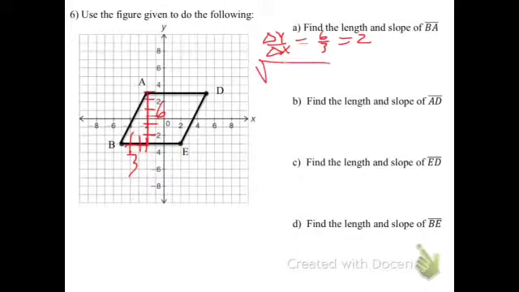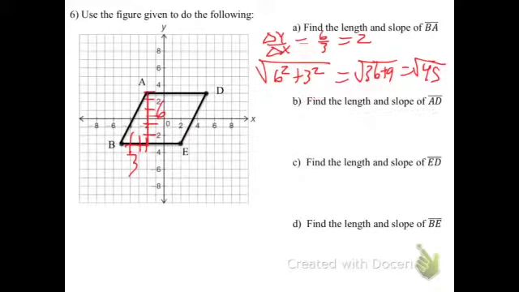And we can use those two numbers in our distance formula. You just have to do 6 squared and 3 squared. And that's going to give you the square root of 36 plus 9, which is the square root of 45. And I'm actually just going to stop it right there, because I don't need to do anything with it right now. If I need to convert it to decimal, I will later.